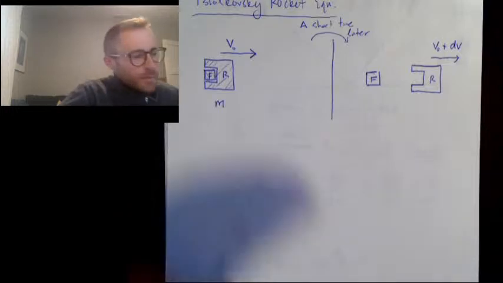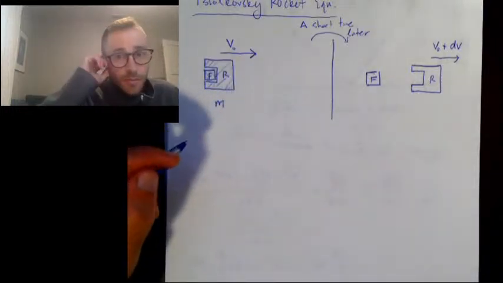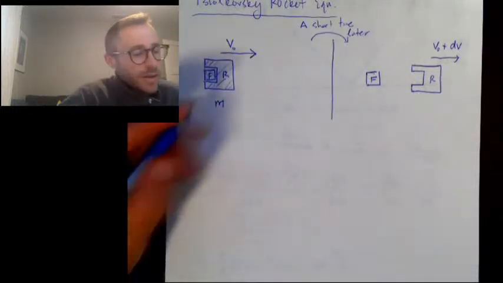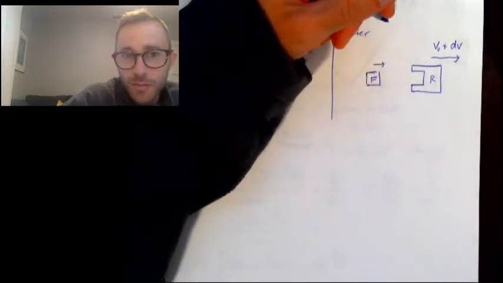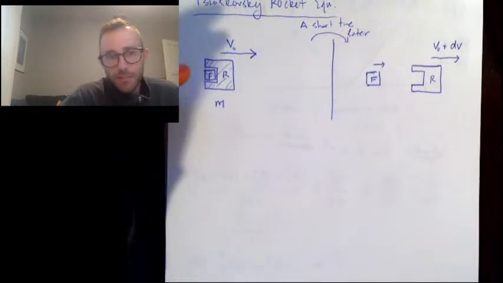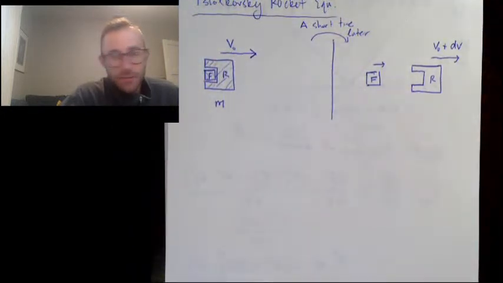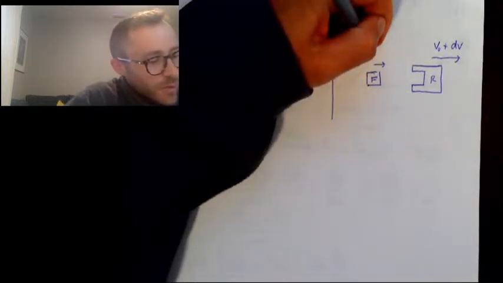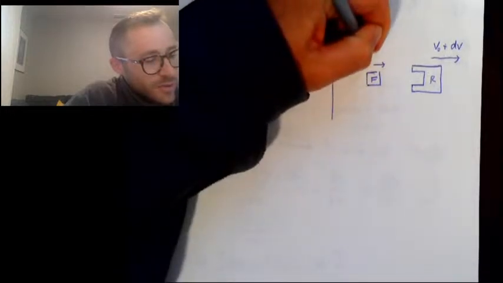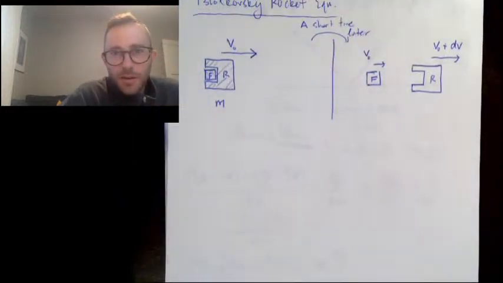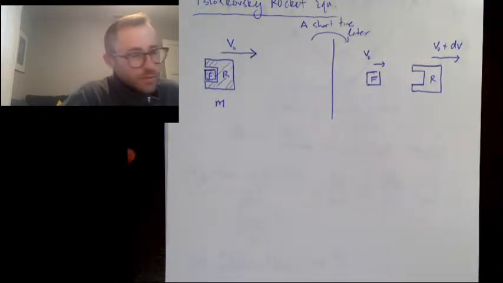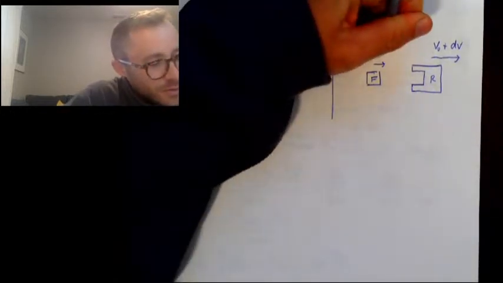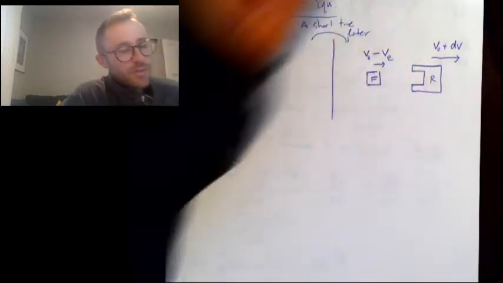The fuel has less forward velocity than it had before, or it might even have a negative velocity, but how do we determine that? Well, it's going to have its initial velocity, but then it has an exhaust, so the velocity is reduced by the velocity of the exhaust.